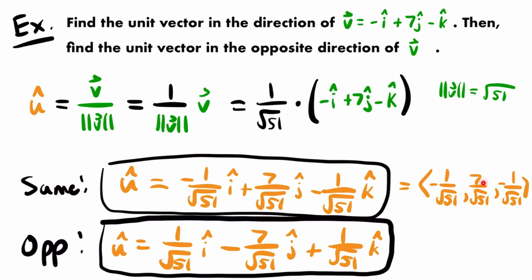All right, and so you could do the same thing for this vector as well. I'll do that real quick. This is equal to 1 divided by the square root of 51, comma, -7 divided by the square root of 51, comma, 1 divided by the square root of 51. Okay, so you could also represent these vectors in this way if you wanted to, but both forms are correct answers for this problem. Let's take a look at another example.